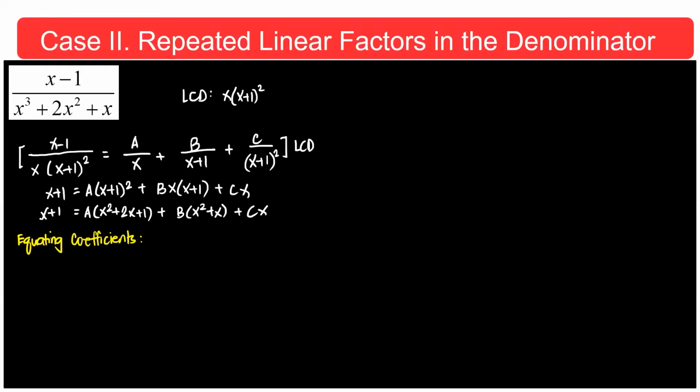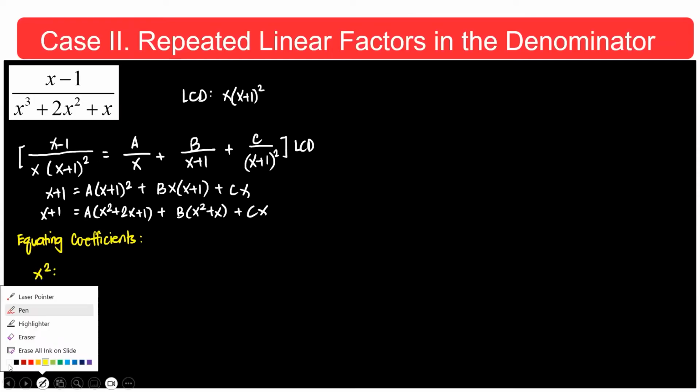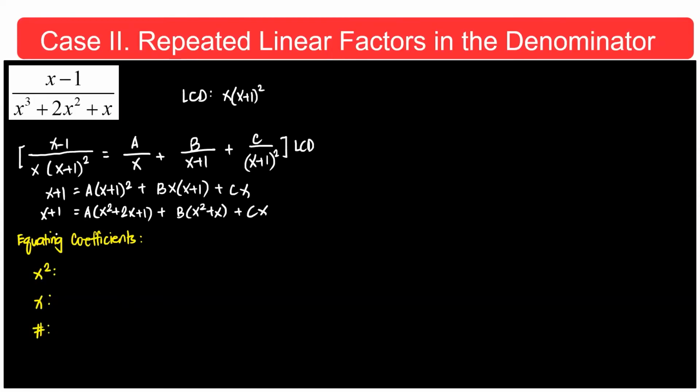So look at the line, guys. What is the highest power of x that you see? Look at this line, the equation. What's the highest power of x that you see? X squared, right? So that means there's an x squared, there would be an x, and then the constants. Do we have any x squared on the left?